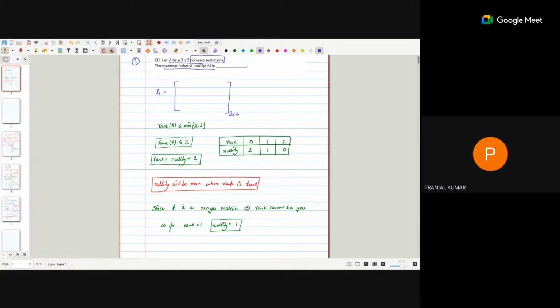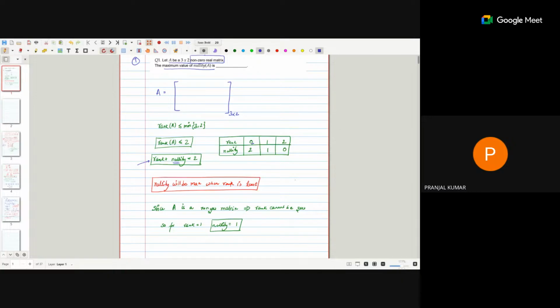The other identity we'll be using is rank plus nullity equals 2, the number of columns. So rank can take the values 0, 1, 2, and corresponding to that we have calculated the nullity. For rank 0 it will be 2, for rank 1 it will be 1, for rank 2 it will be 0.